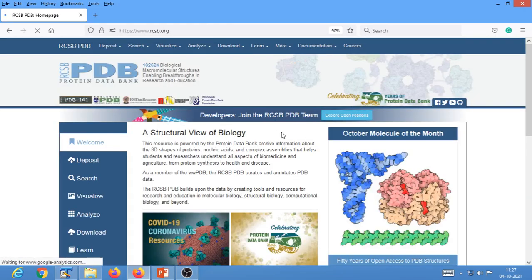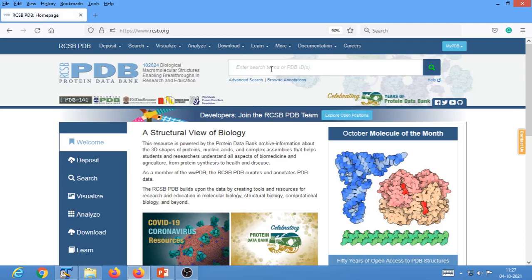Once you reach the home page, let us download the model molecule that we are going to use for most of our practicals, and for most of our demonstration today, as well as in our subsequent lectures.